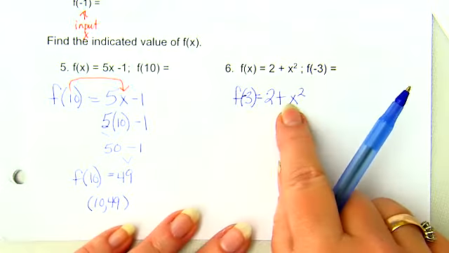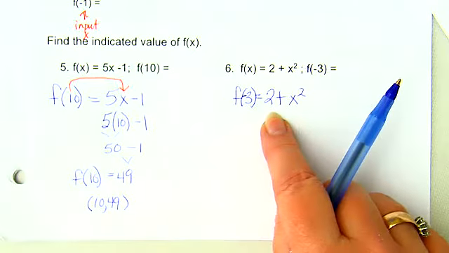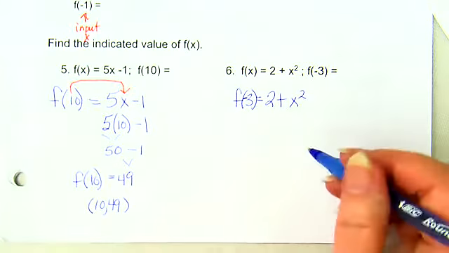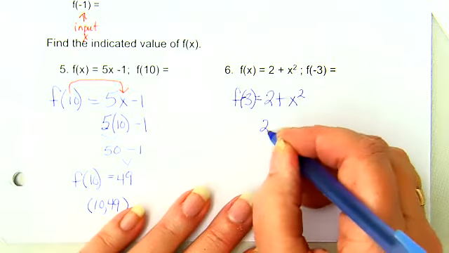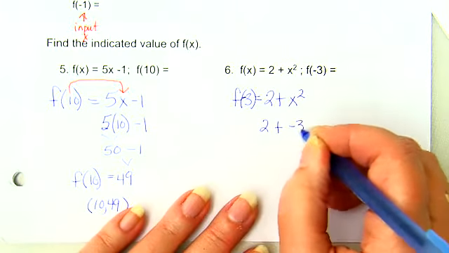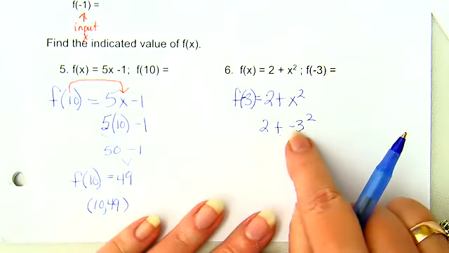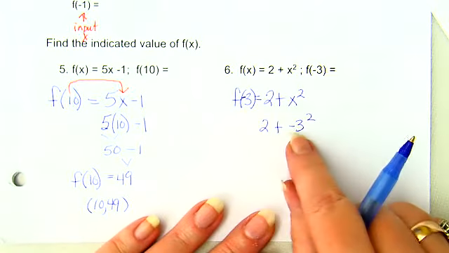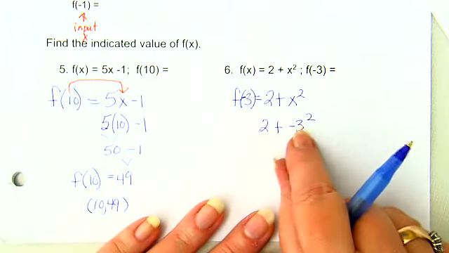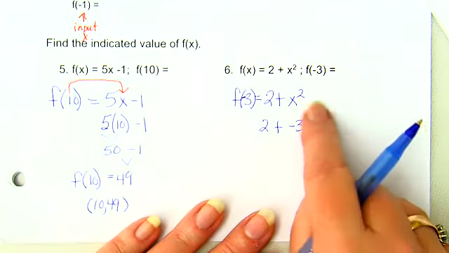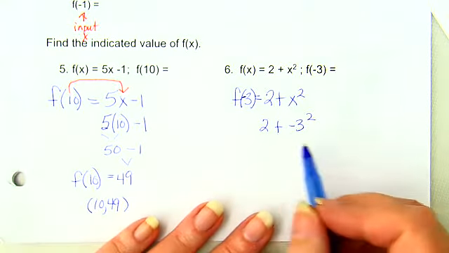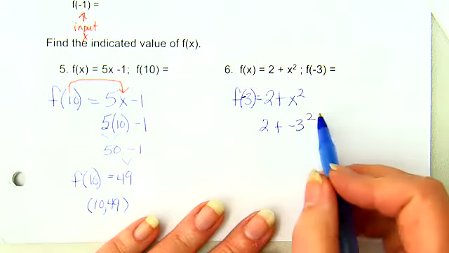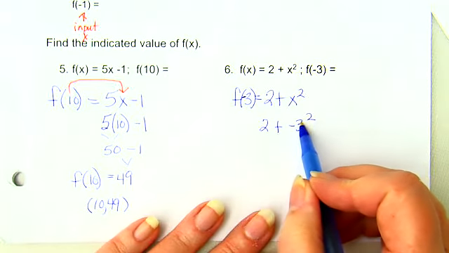Now I really want to be very cautious on this one. 2 plus x squared. I didn't write the parentheses, and because I didn't write the parentheses, this will give you the wrong answer. If you put this in the calculator, it's only going to square what it's next to.